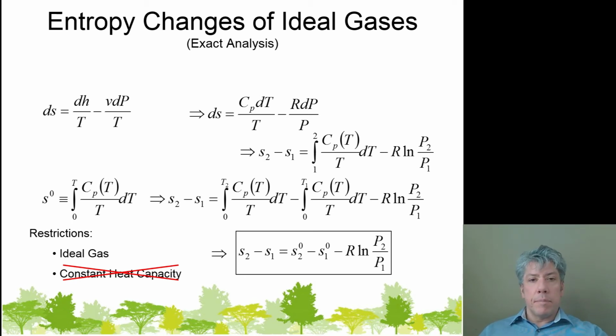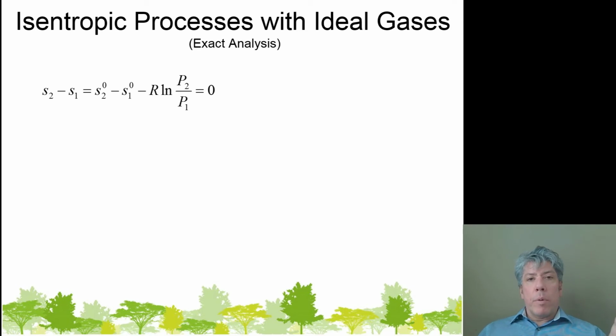That's it. Now, before, we came up with some equations that allowed us to calculate the entropy changes of ideal gases. The equipment we're working with may have an ideal gas flowing through it, but what we would like is equations that tell us how these pieces of equipment should perform if they're acting isentropically.